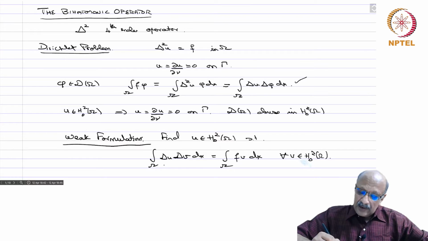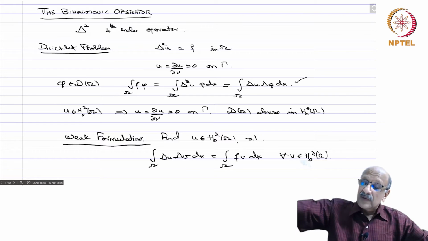And the bilinear form is the integral of delta u delta v, which is obviously continuous.